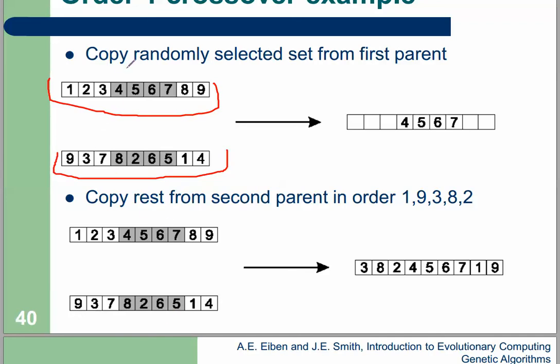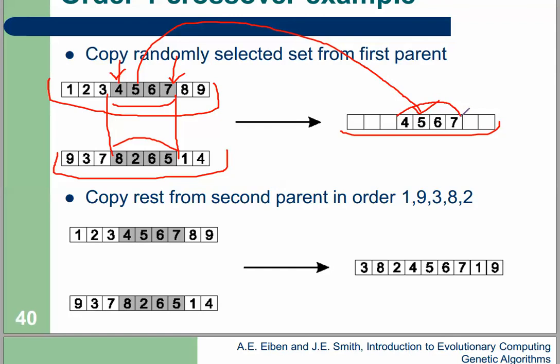Firstly, we select 2 bits randomly, for example this part, and the same locations are used in the other parent. For the first child, this part is copied exactly to the same location from the first parent, but we fill the other locations from the other parent.